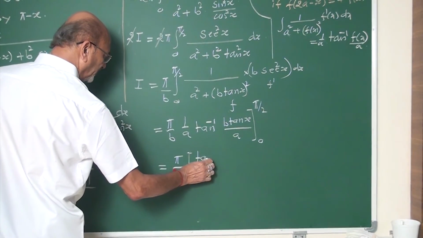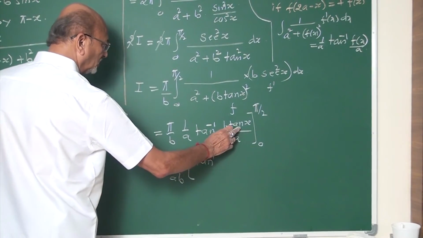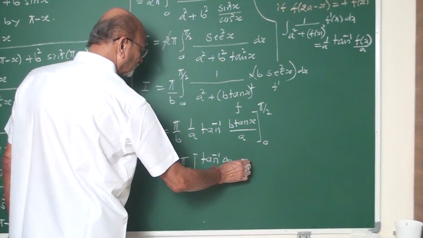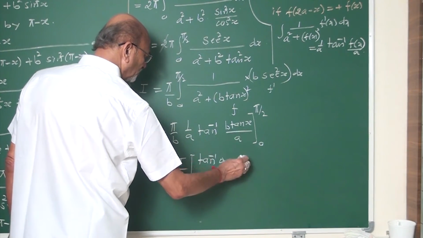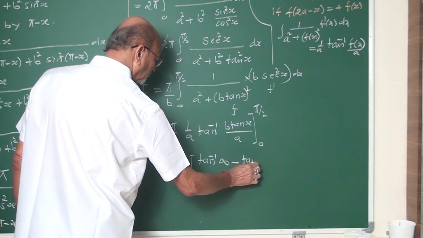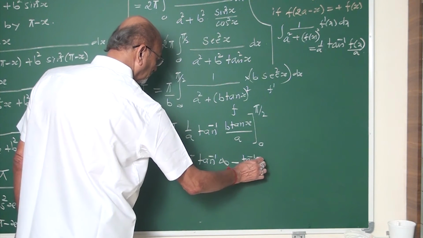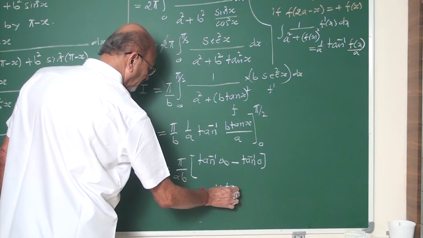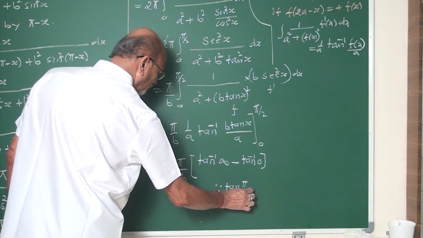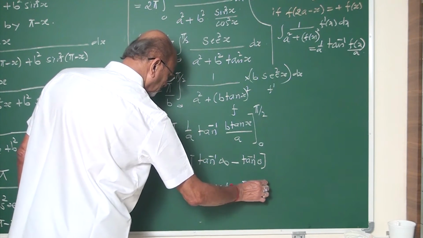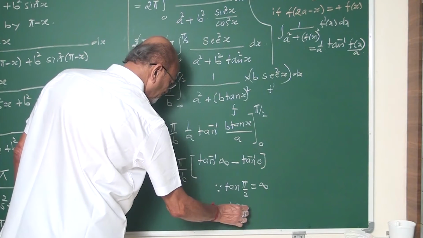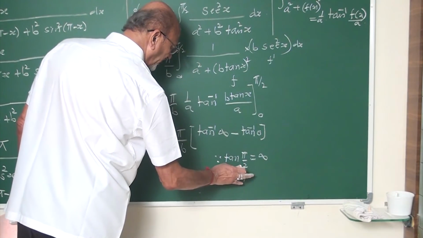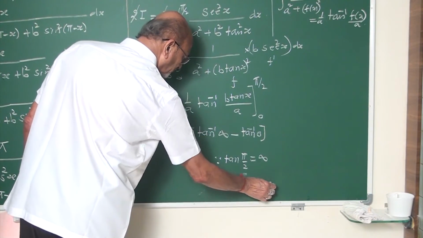which is tan inverse. Tan 90 is infinity, minus 0. Tan 0 is 0. Because tan pi by 2 is infinity and tan 0, putting x equal to 0, tan 0 is 0.